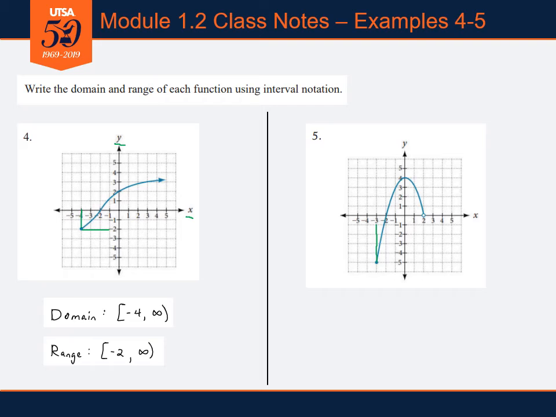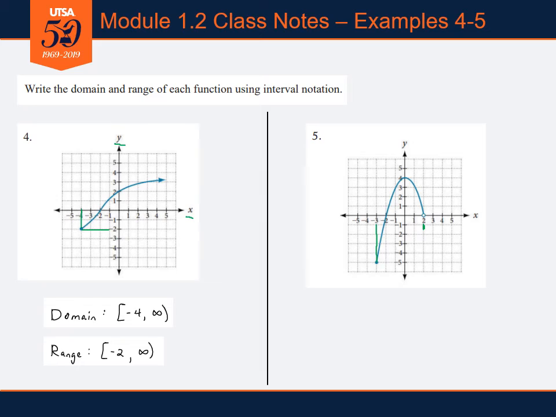It starts moving from there and moves to the right and ends, as far as its horizontal movement, at this x value of 2. Although the open circle on 2 means that we're not actually including 2.